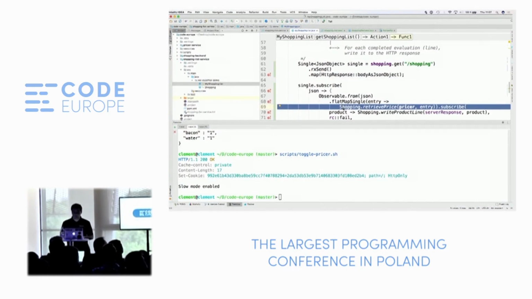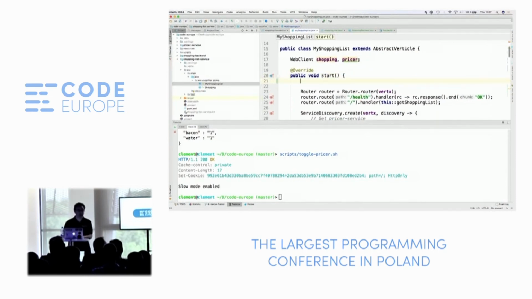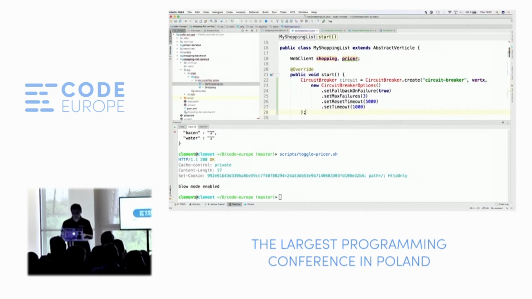There are a couple of circuit breaker implementations in the Java world. The main one is Hystrix. Actually, Netflix has developed one too. It's called Resilience or something like that. There are a couple, and Vert.x has its own one. The Vert.x circuit breaker is a pure circuit breaker, very close to the Hystrix one.